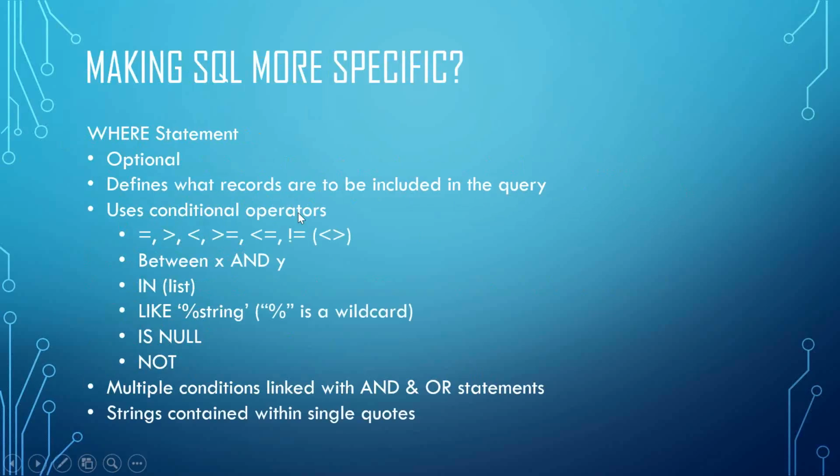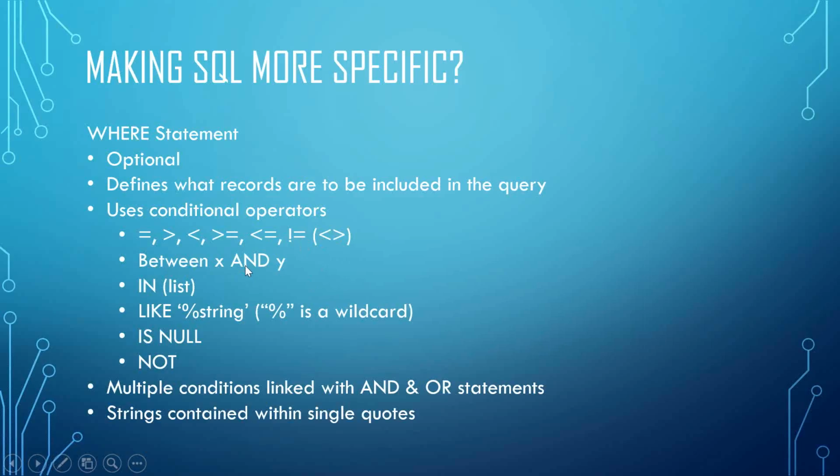It uses conditional operators: equal to, greater than, less than, greater than or equal to, less than or equal to, and not equal to. Both are not equal: exclamation equal is not equal to, and the less than, greater than, without the bracket. This is just in here to separate these two, but it's the same. It does the same thing.